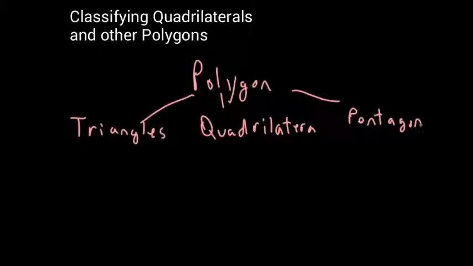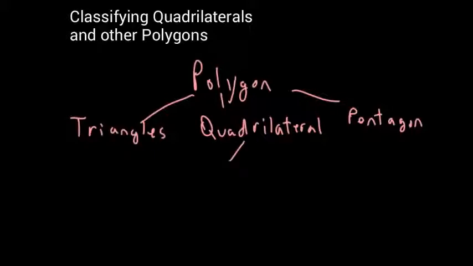Now I don't have room to keep going, but then you have hexagon, octagons, decagons, dodecagons. You can have any number of sides. We're going to focus mainly on quadrilaterals today. So under quadrilaterals, that's any four-sided shape.